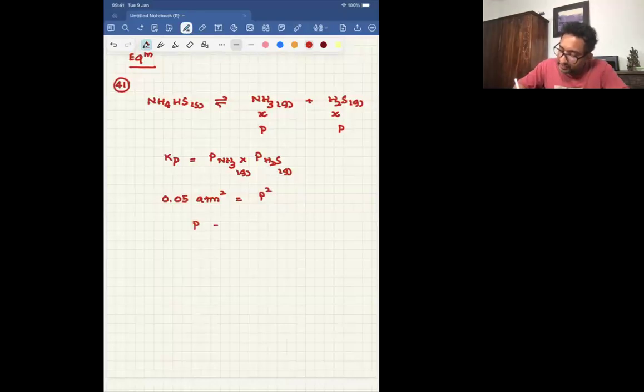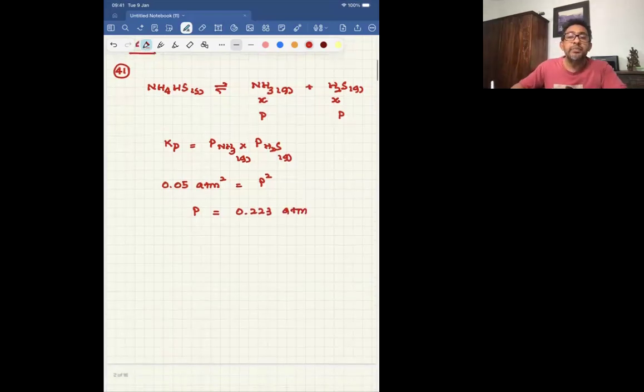So what is the partial pressure? Partial pressure is equal to the square root of 0.05. You know, 0.223 atm. If you know the partial pressure, you know the number of moles of ammonia formed. So let us look at n, the number of moles of ammonia formed. n is equal to PV divided by RT.